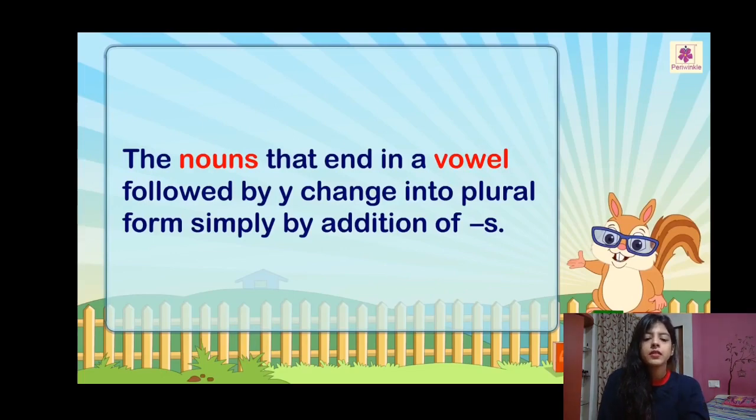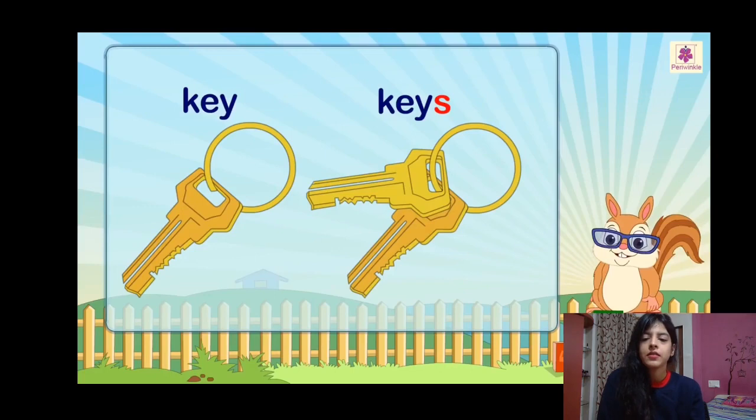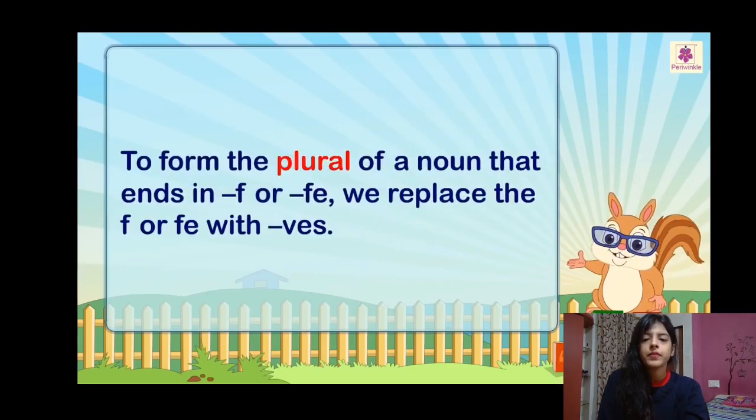So they will add s to make it a plural form. For example, key. You can see over here, E is a vowel and Y is preceded by the vowel. So we will just add an S to make it a plural form.